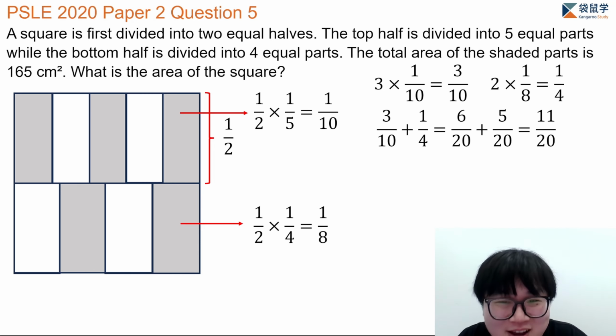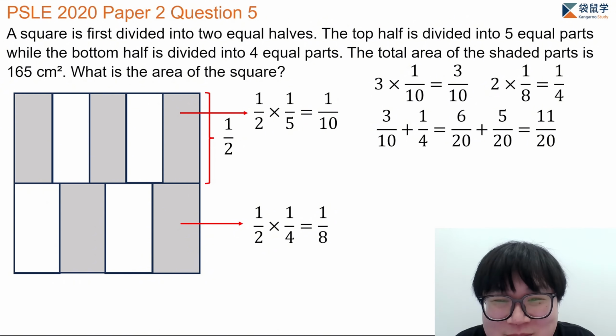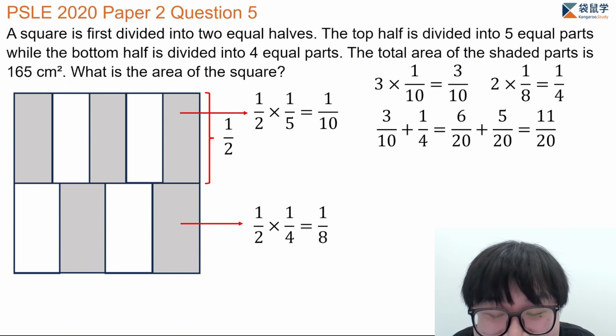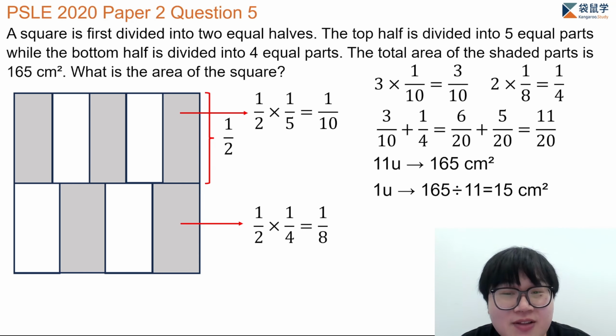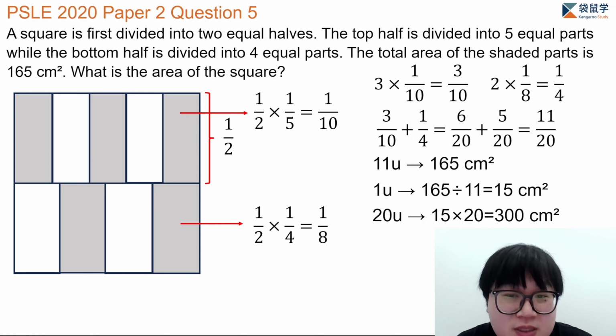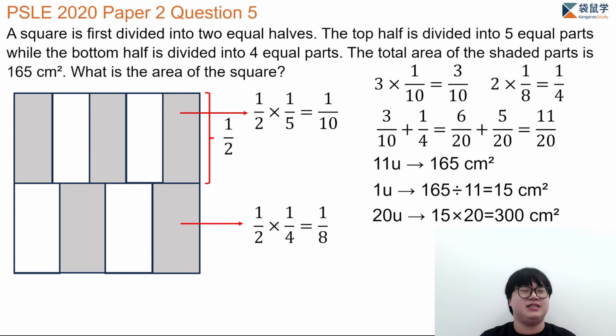Numerator or denominator? Numerator. So that means 165 is how many units? 11 units. So 1 unit will be 165 divided by 11 equals 15 centimeters squared. And then the whole figure will be 20 units. So 15 times 20 equals, same, 300 centimeters squared.